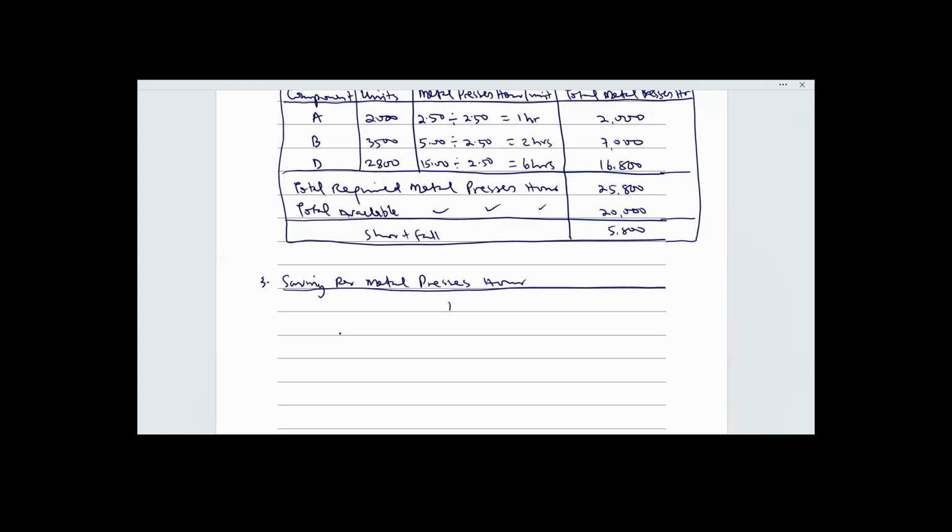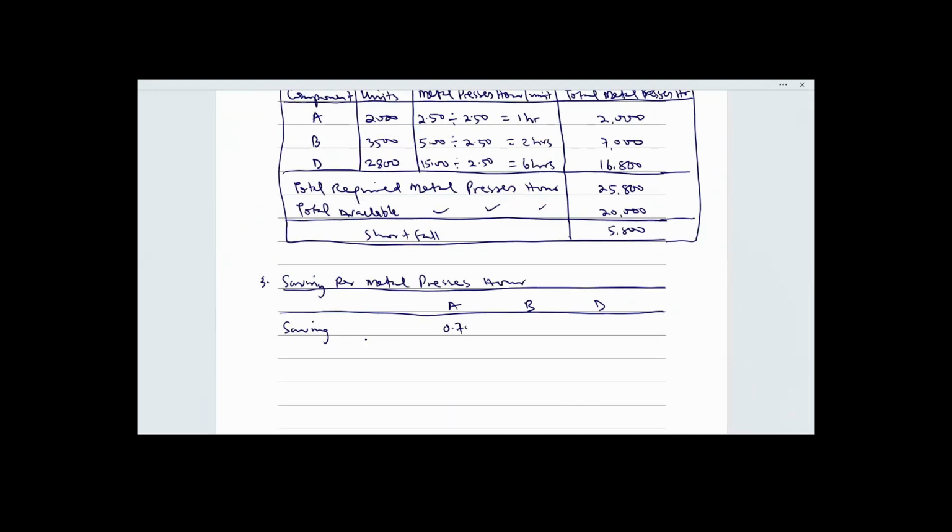So components A, B, then D. Savings. So what are the savings? We have 0.75, 1 naira, then 6 naira.